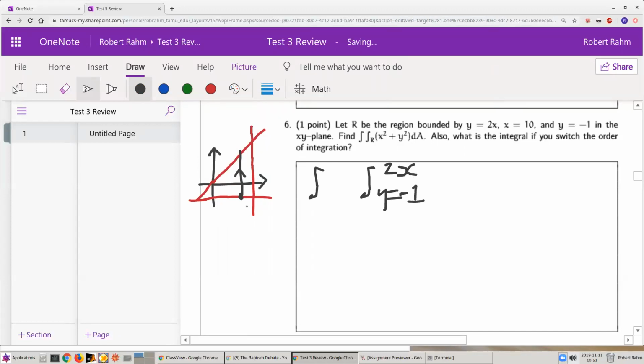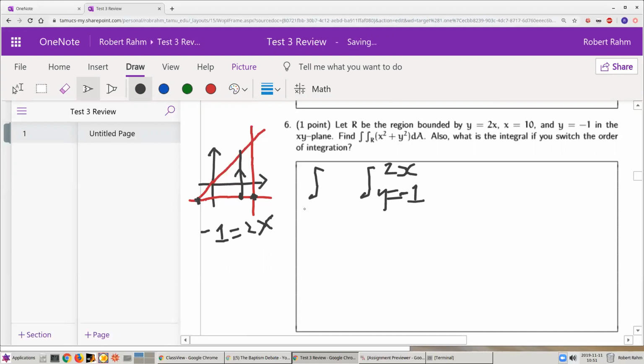And now I need to figure out what the x values are. The x values are going to go from this point all the way over to this point. Okay, now this line is y is equal to minus 1, and this line is y is equal to 2x. So we need to figure out this intersection point. This is going to intersect when minus 1 is equal to 2x, in other words, when x is equal to minus 1/2.